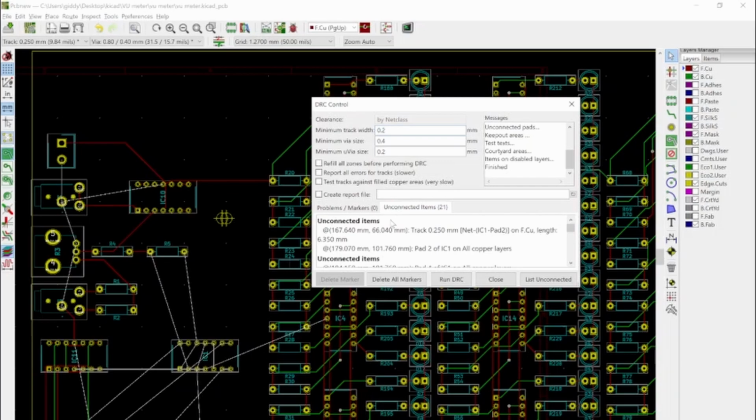I didn't realise there was a tab called Unconnected Items, and so I had the boards printed with a few missing traces, which I had to fix by putting bits of wire on the back. So it wasn't a pain, but it's these little learning things that you don't know about until you've got it wrong, and now that I've done it, it's so much easier.